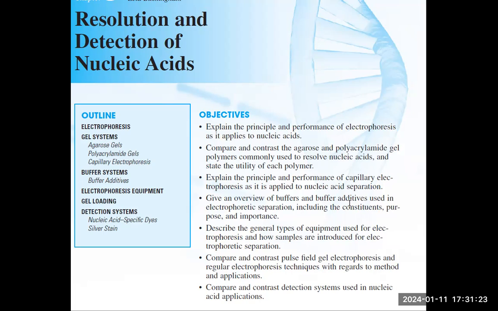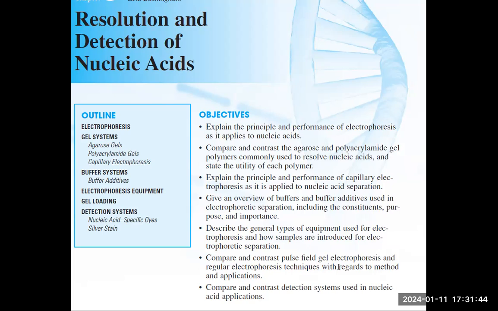Next, we also have the general types of equipment used for electrophoresis, and we have pulse field gel electrophoresis if we are trying to detect the presence of genomic-sized DNA or RNAs, very large fragments, ranging from like 50,000 to 250,000 base pairs.